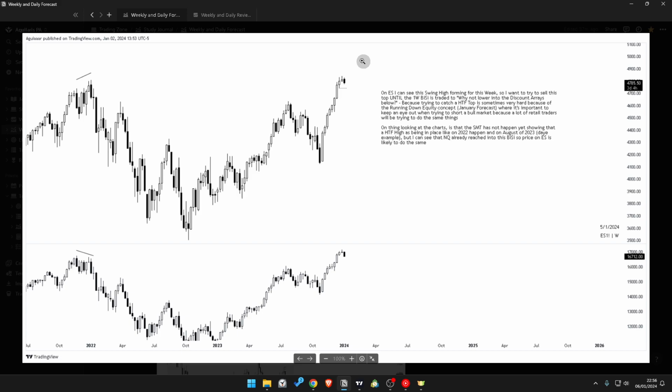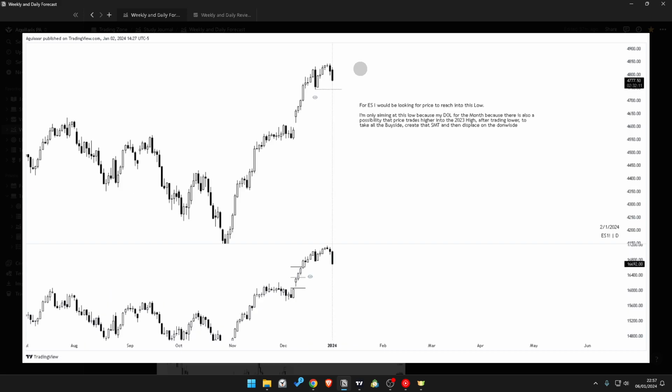I think that we are going to trade to this fair value gap and push one more time higher, because an intraday time frame SMT has not been formed yet between ES and NQ. So I don't believe that price is going to enter a sell model or bearish market profile, but instead we are still going to deliver on the upside. That's my idea. I can be completely wrong.